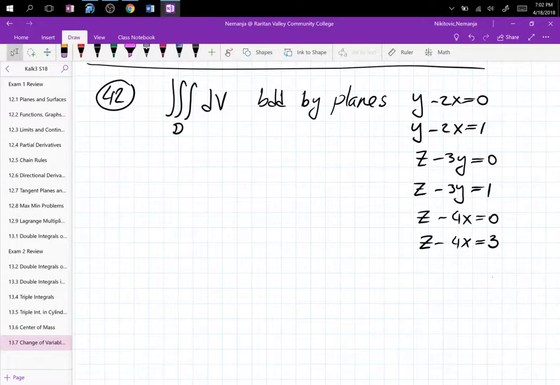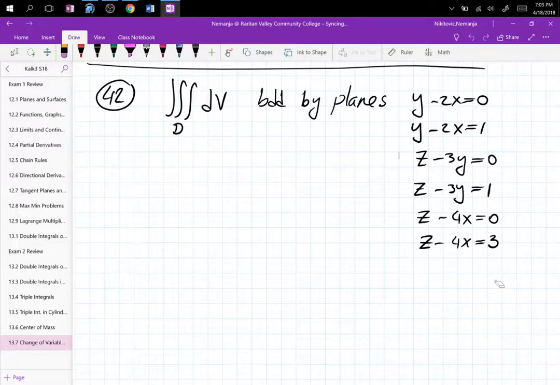So there is nothing that stops you from calling this a U. And if this is called a U, then U equals 0, U equals 1, and then V equals 0, V equals 1, and W equals 0, W equals 3. You're getting a box. You see that? So it's not as difficult as you think. It could be, but it's not.